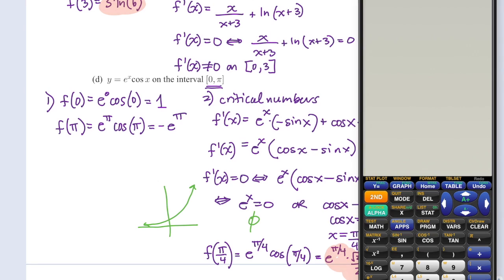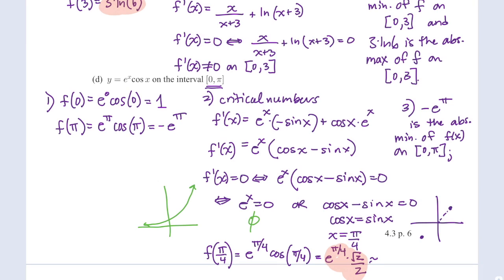So if I do that, we said e to the pi over 4 times square root of 2 over 2. Yeah, so it's like 1.55. So the absolute max is that value, e to the pi over 4 times square root of 2 over 2 on the interval from 0 to pi.